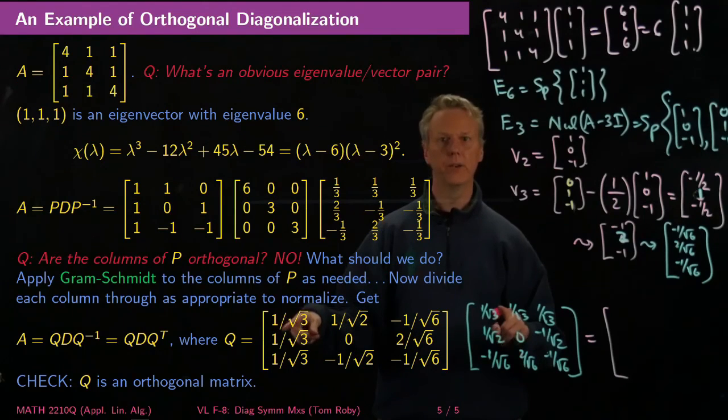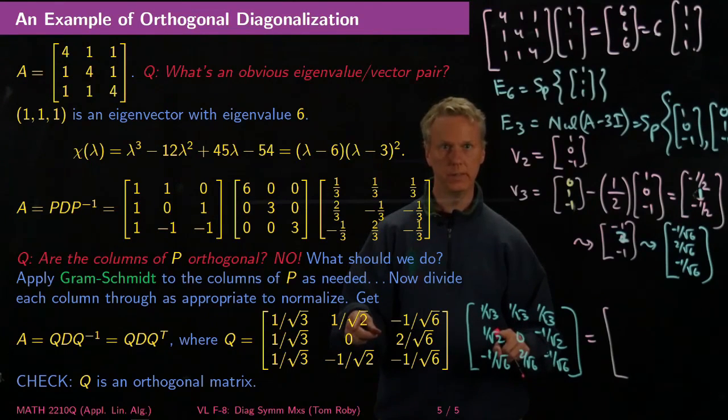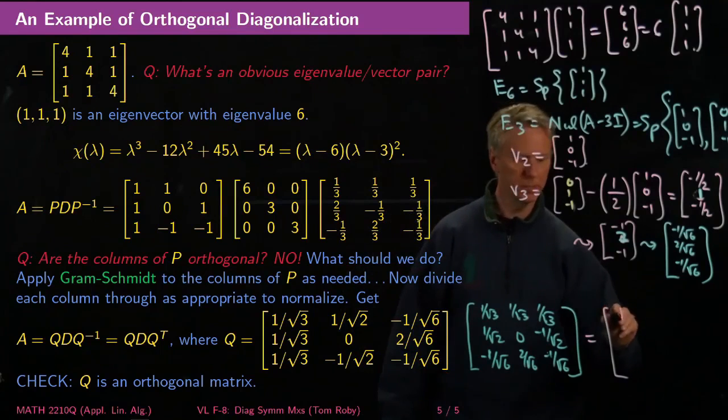Right. So I end up with a third plus a half plus a sixth, which gives me 1. Right? So this entry becomes 1.